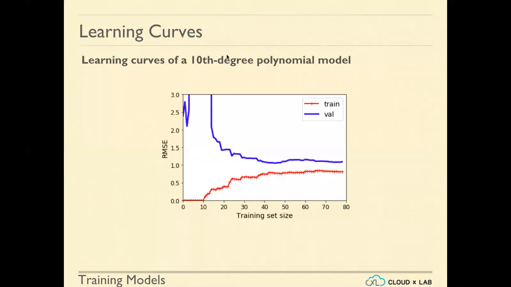Therefore, the 10th degree polynomial is kind of overfitting the model. No matter how much data we use, there is a consistent gap. A consistent gap represents that the model is performing better on training, but not on validation.